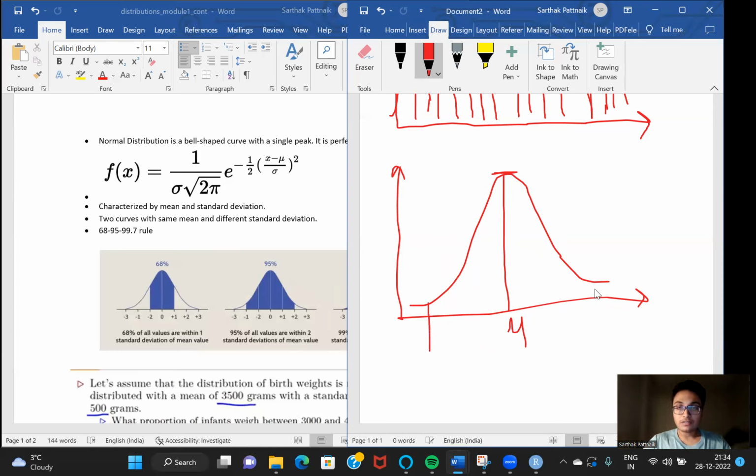And the standard deviation gives you the measure of spread. It is basically how far away from the mean the points lie in a normal curve. That is what the standard deviation indicates.